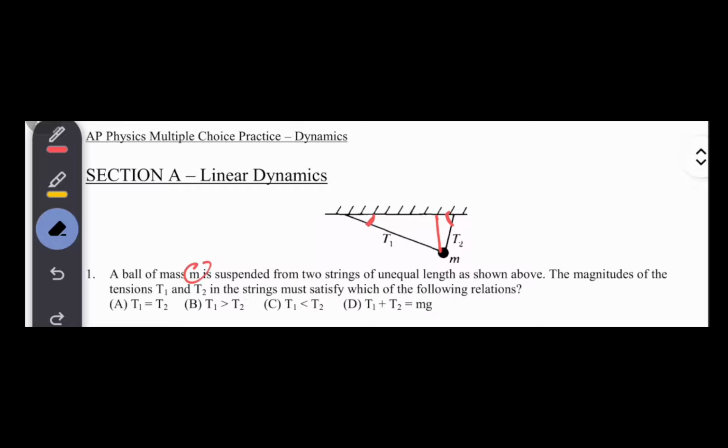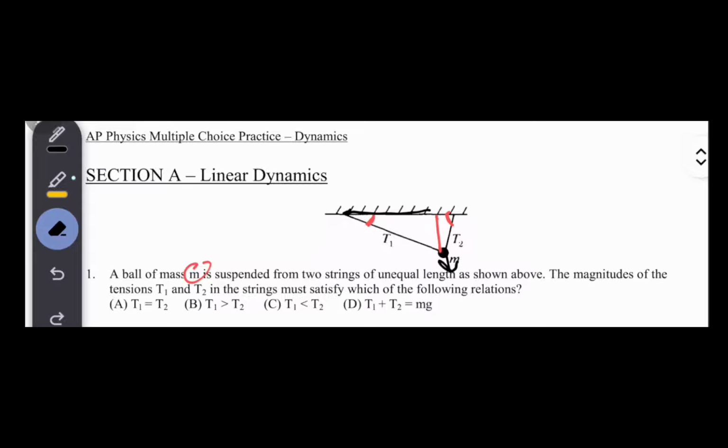That means tension 2 is acting more in the vertical direction, against the ball's force of gravity pulling down on it. And since this is acting more in the vertical sense, tension 1 is going to make up for its lack in the vertical with its X.